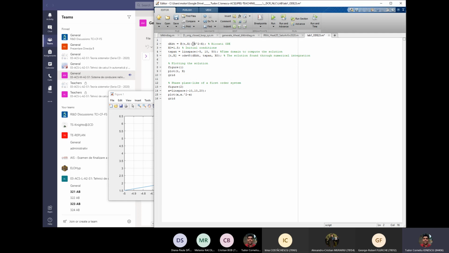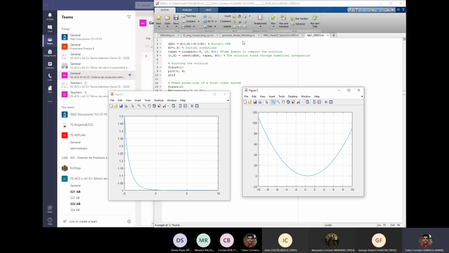The funny thing is what happens if you change the signs, minus and plus. Well, things get a little bit better. The graph of f of x with respect to x is this one. So it goes back to 1, which is a stable equilibrium point.